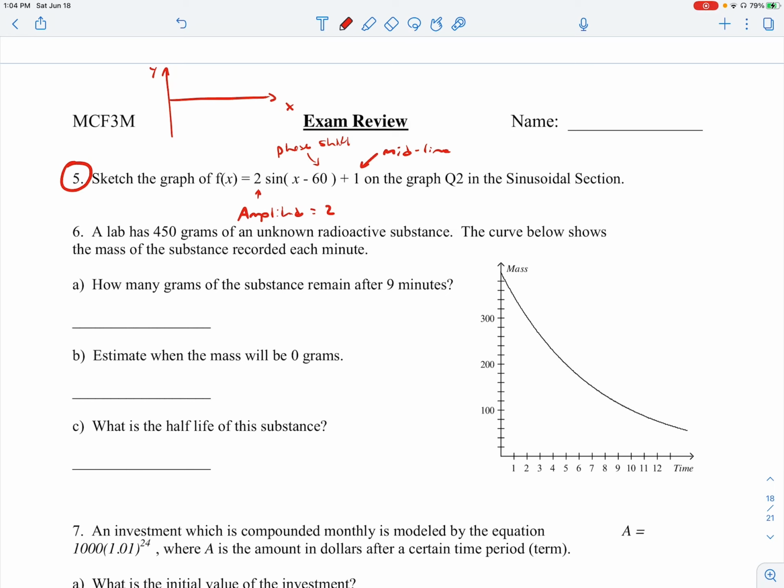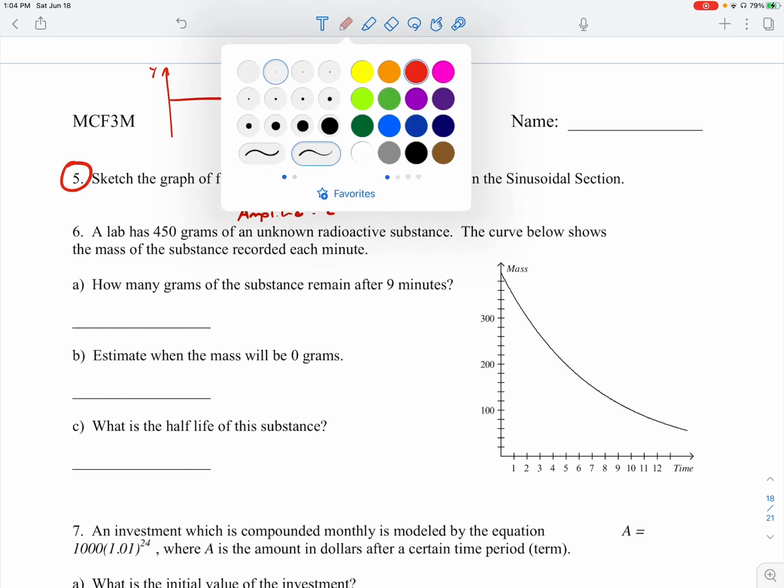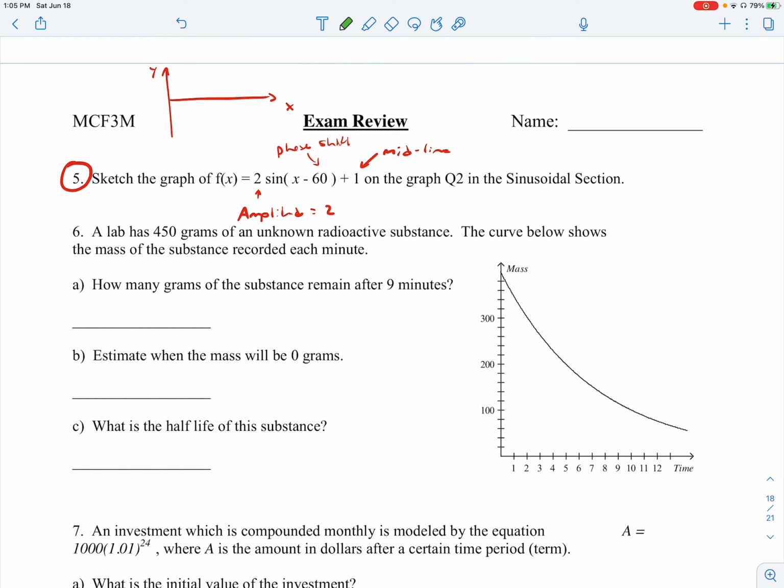So if I want to graph this, first thing I should do is graph the midline. So right at 1. Okay, and then I should add in the amplitude.